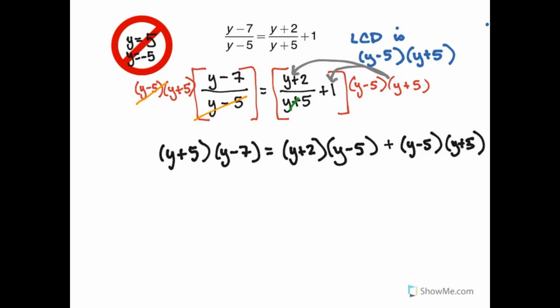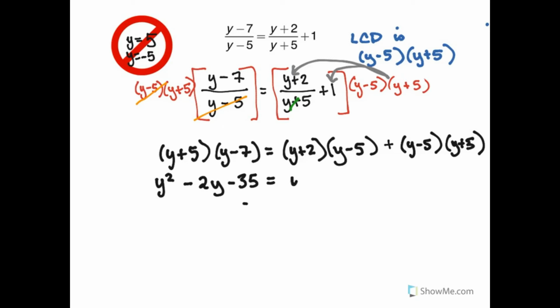So let's multiply these two binomials, y plus 5 times y minus 7. I get y squared plus 5y minus 7y is minus 2y. And 5 times negative 7 is negative 35. On the right, I have y plus 2 times y minus 5.